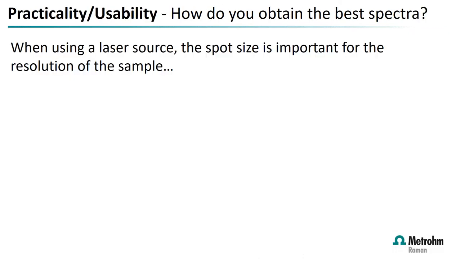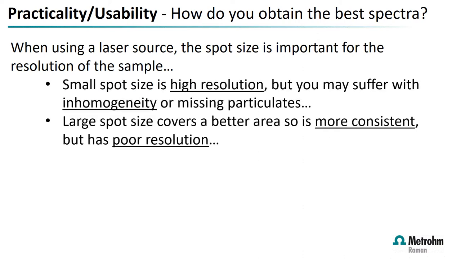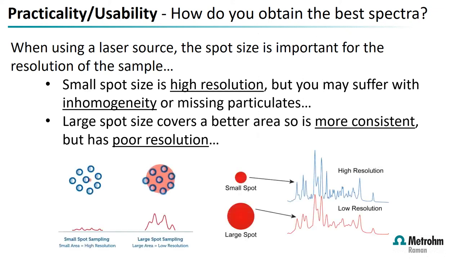So, practicality and usability. How do you obtain the best spectra? When using Raman, we are applying a laser source, and the spot size of that is important for the resolution of the sample. A small spot size gives you a very high resolution, but you may also suffer with inhomogeneity or missing particulates on the sample, especially seen in mixed powders and powders which have a more granular nature.